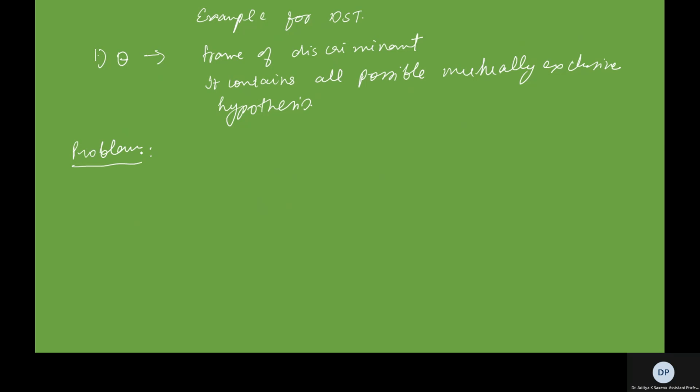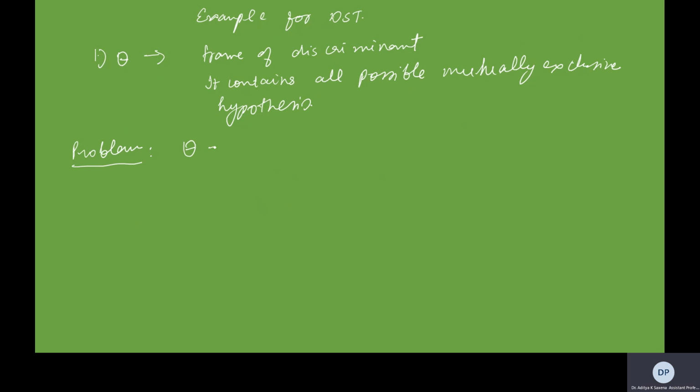Now, for an example problem, we have a disease. This problem relates to identification of a disease given that a patient is suffering from a few symptoms. Now we have theta.